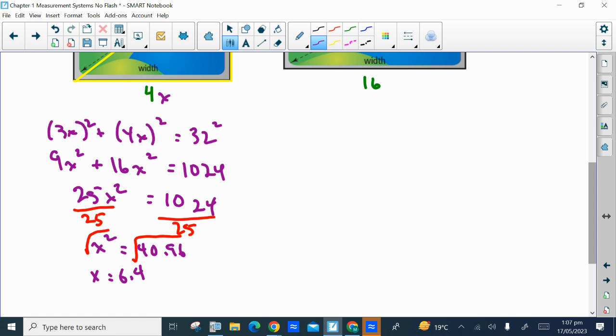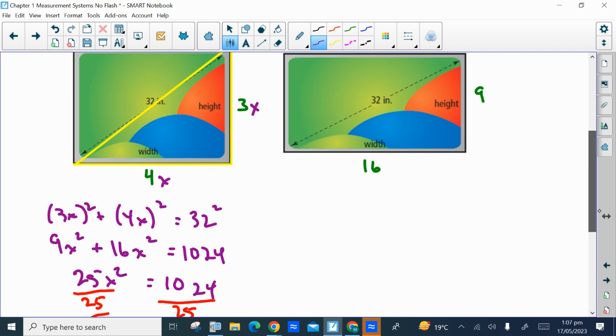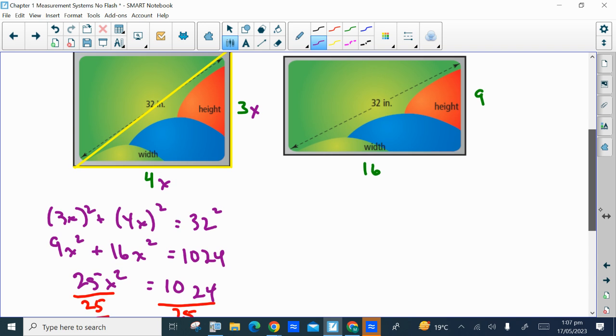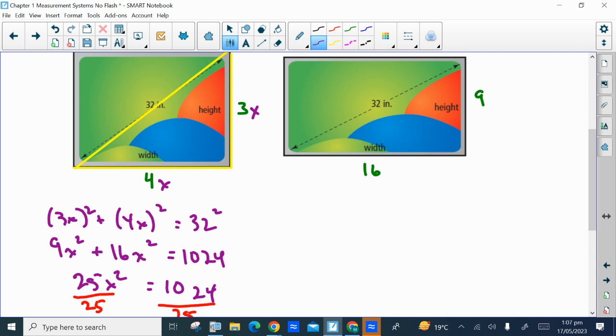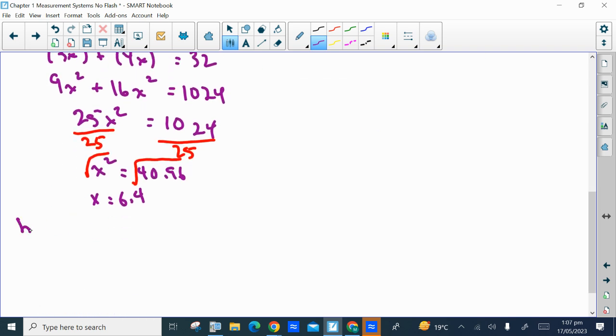So using this and the fact that the ratio of the sides for this TV screen is 3 to 4, I let them be 3x and 4x. I now know that x is 6.4. So the height of this TV would be 3 times 6.4. The width of the TV would be 4 times 6.4.